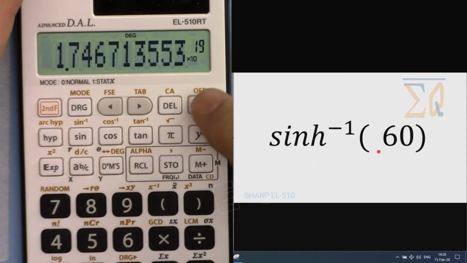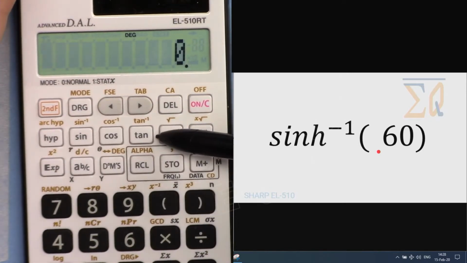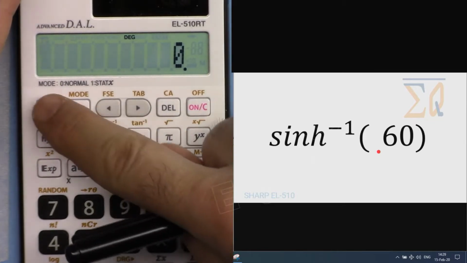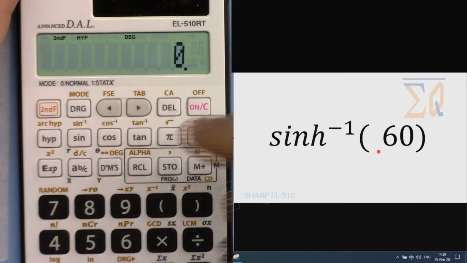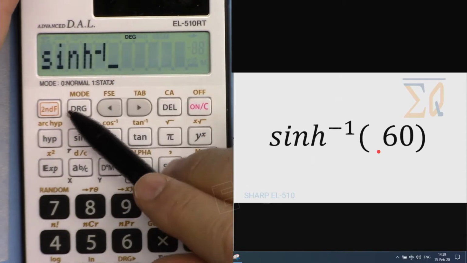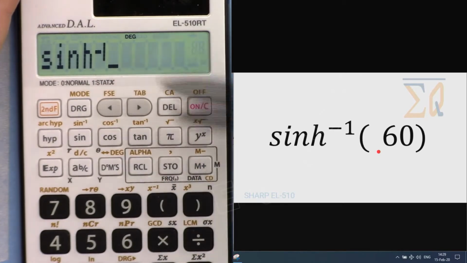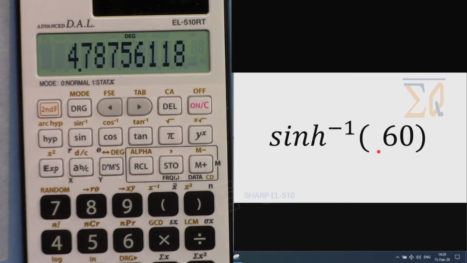And if you need arc hyperbolic of any sine, cosine or tangent, or inverse of hyperbolic, you can do it the same way. Press second function this, now it shows arc hyp and then sine. So this shows sine hyperbolic to the power -1, which is inverse, and if it is in degree, you just enter the value, so that is the calculated value.